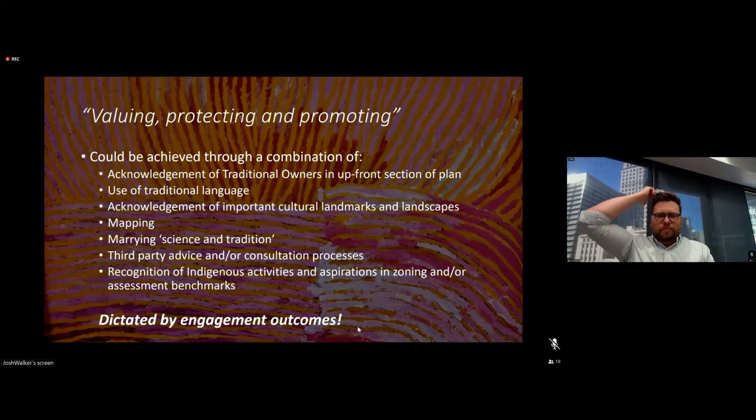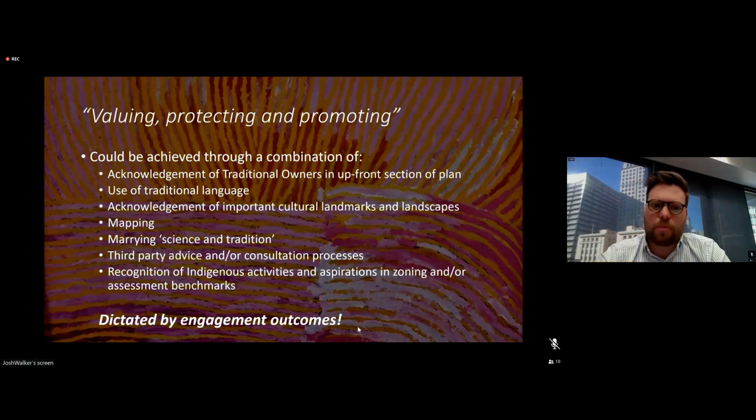So valuing, protecting and promoting. Fairly high level statements, all really important. And I think what they mean in an individual sense is really dictated by what the outcomes of your engagement are saying. What are your stakeholders saying are the important things they want to promote or value?